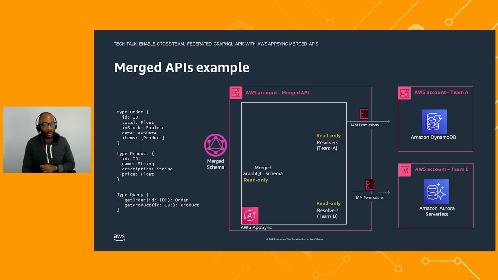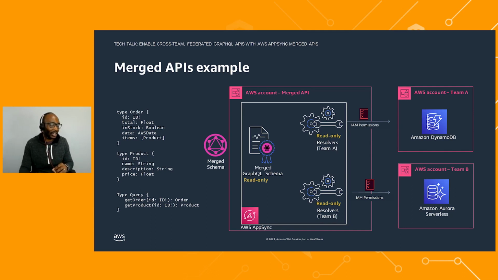So we start with two APIs, from Team A and Team B, and then we end up with a merged API that handles all of the resolution of queries and operations that is required.